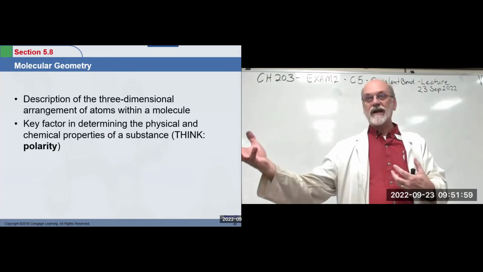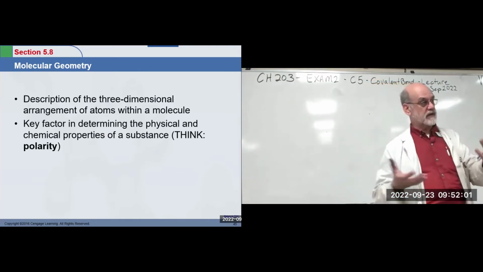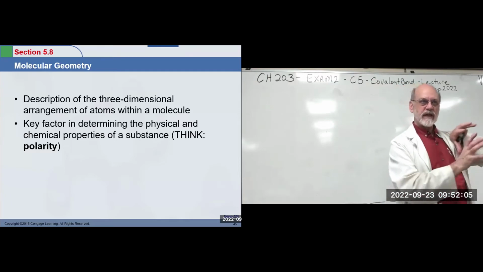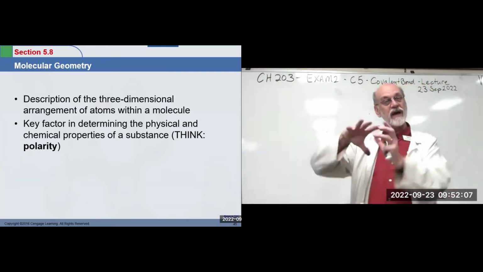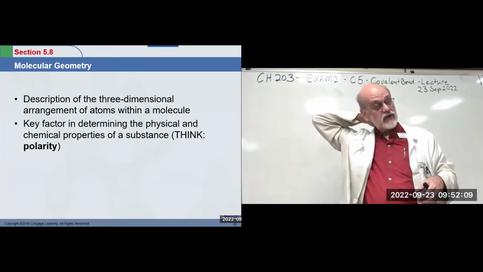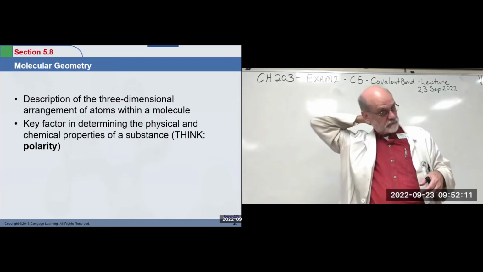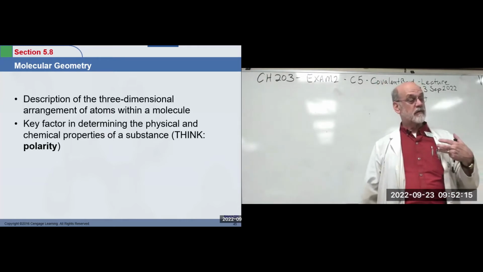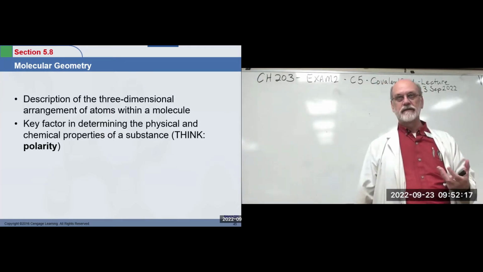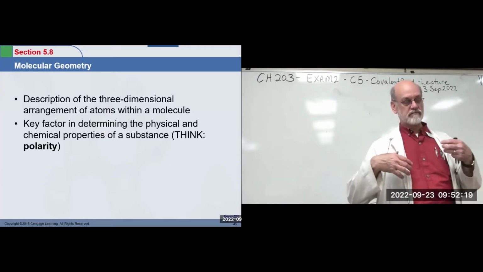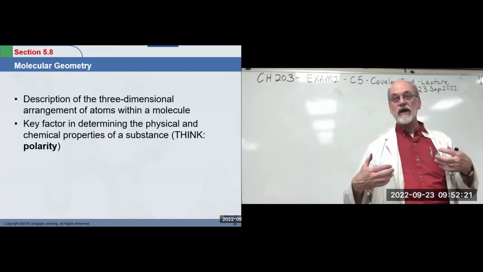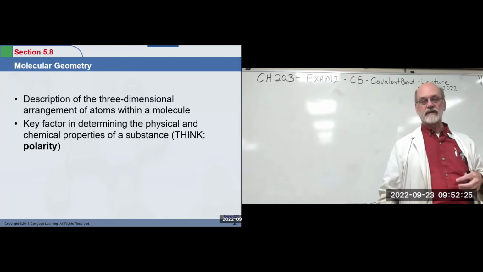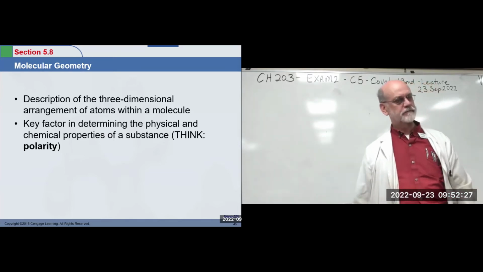A positive imbalance. So you get a polarity in the molecule. You get a slight redistribution of electrons to one side, and you leave behind positive on the other side, and you get a polar molecule. And that contributes to the molecule's behavior, how it reacts with its identical neighbors, or how it reacts to any other molecules that you try to mix in with it, say in a solution.